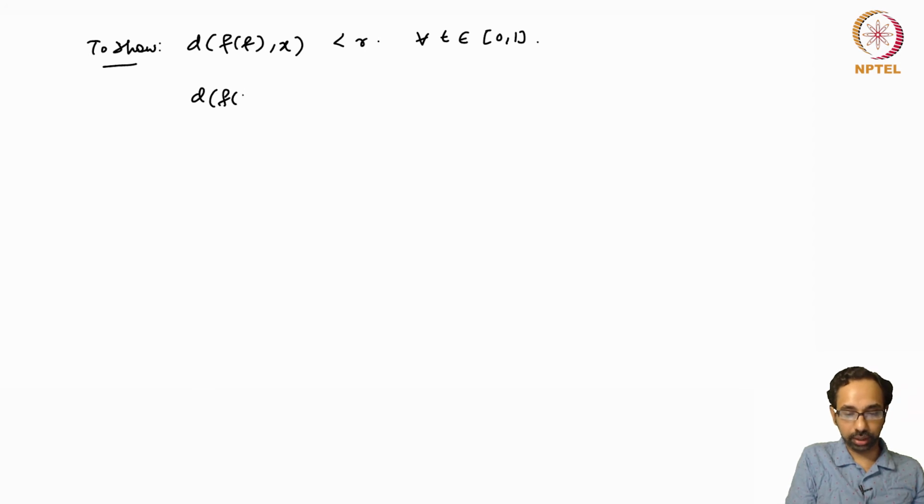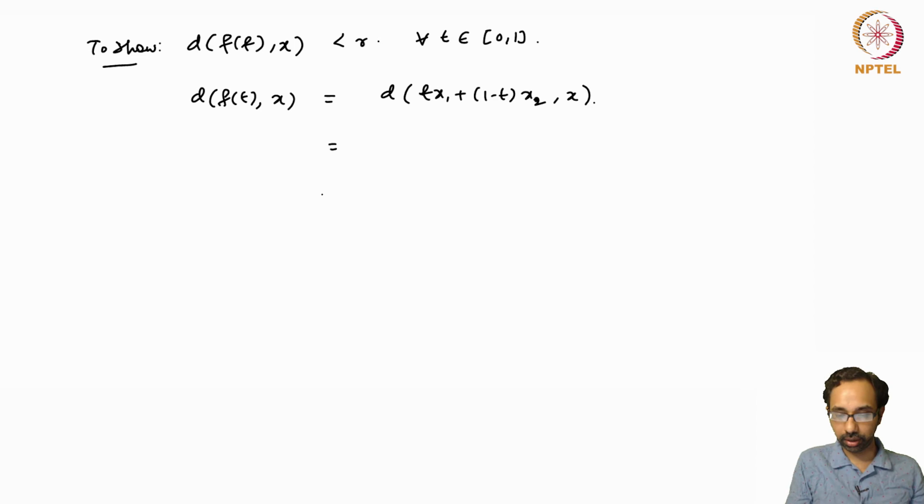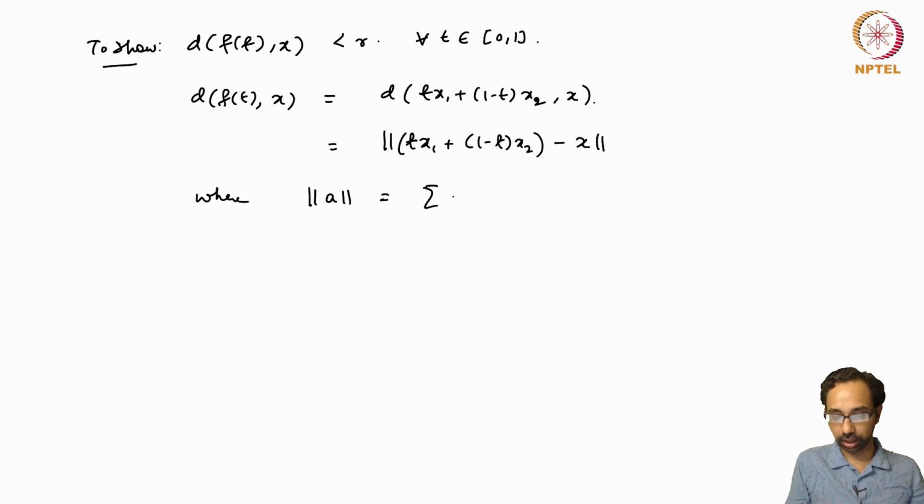So what is d(f(t), x)? This is nothing but the norm of t x1 plus (1 minus t) x2 minus x, and if you remember, the distance is the norm of the difference of these two points. What was the norm? The norm of an element a in R^n was just the square root of the sum of a_i squared, i equal to 1 to n.